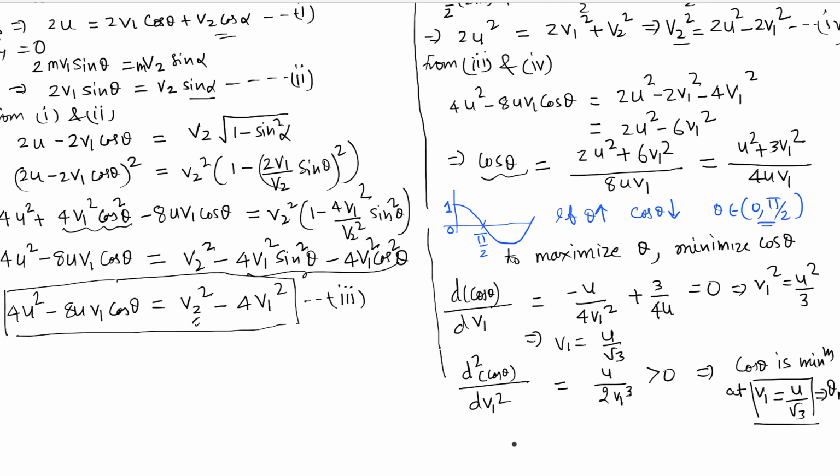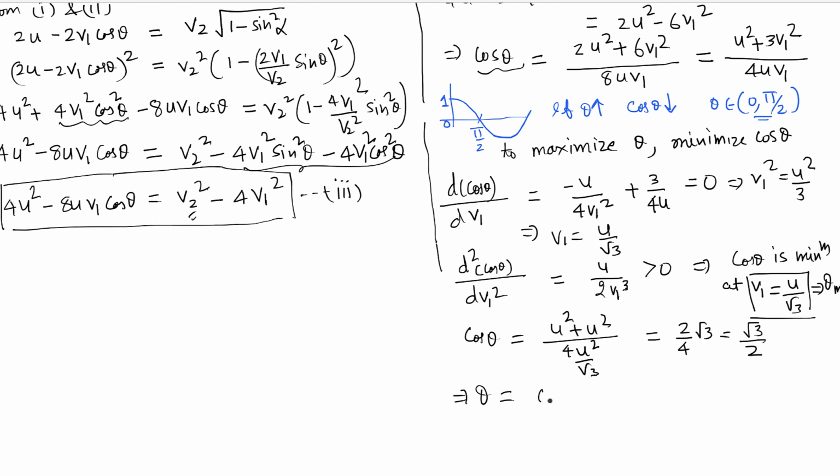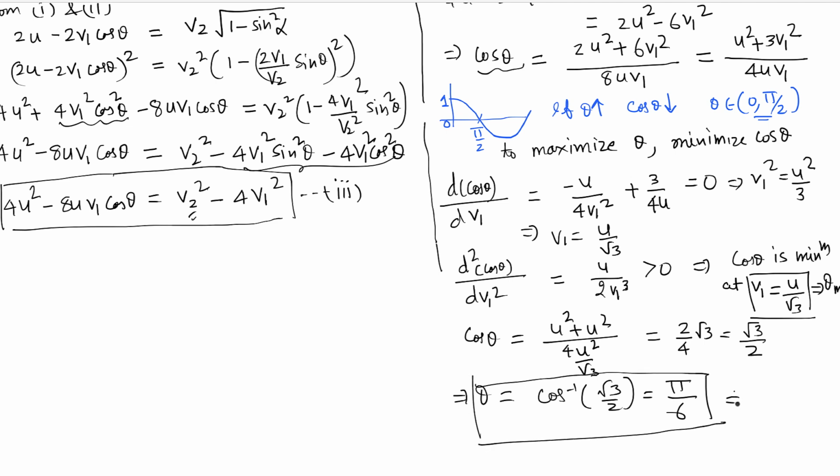Now we put this in the cos theta, so cos theta becomes u square plus u square by 4 u square by root 3, which is 2 by 4 root 3 by 2. So that means theta is cos inverse root 3 by 2, which is pi by 6. And that's the answer. So the answer here is D.